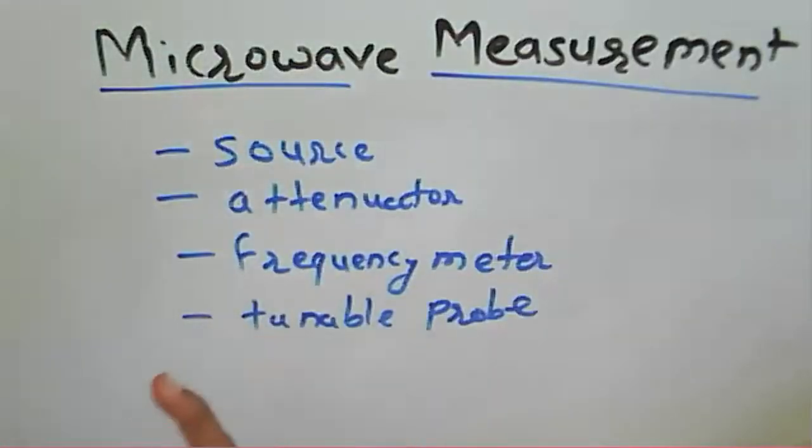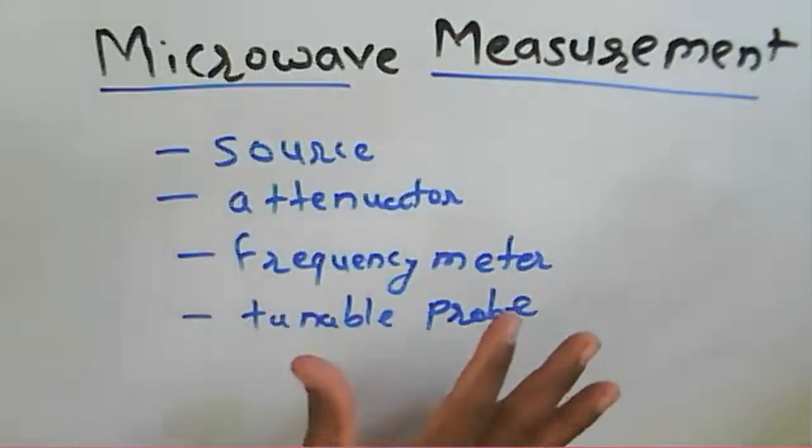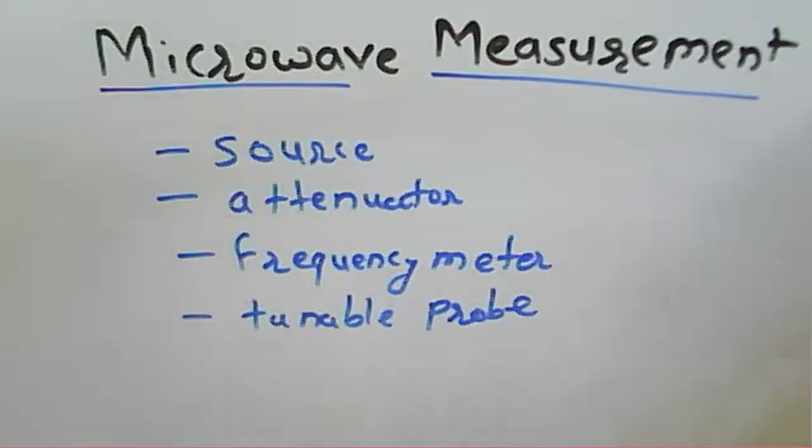And for a microwave bench in a lab, these are the components present in the given particular bench. Now at what frequency is that microwave bench to work, or what are the other parameters to be measured here?